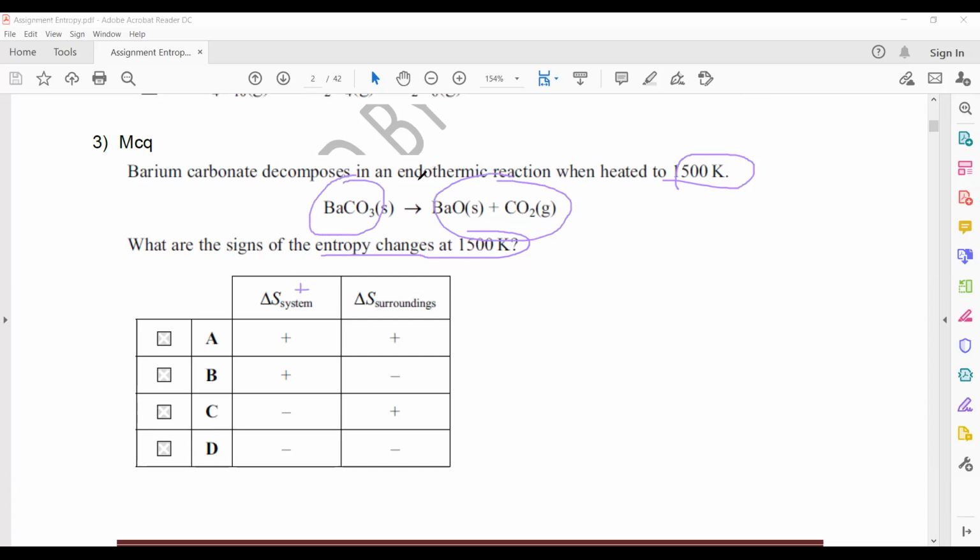But it's an endothermic reaction, so the entropy of the surroundings should be negative, because the entropy of the surroundings is minus delta H by T, and delta H is positive, so it will be negative. That's why B is the correct answer.